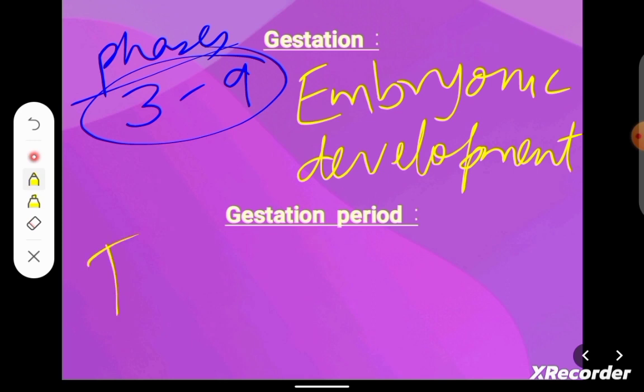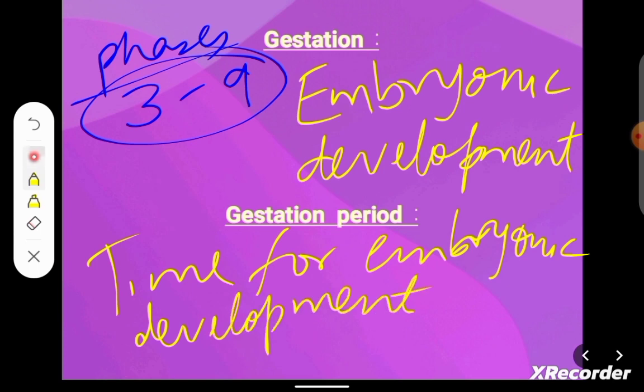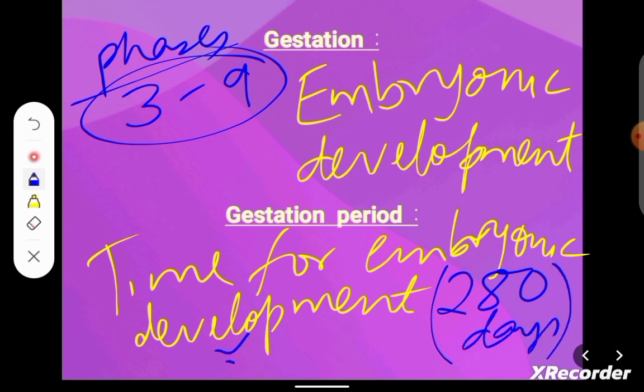And the time for embryonic development is known as the gestation period, and it is about, do you know the timing? It is about 280 days. 280 days in case of humans, which comes approximately to the 9 months. So we are done with it.